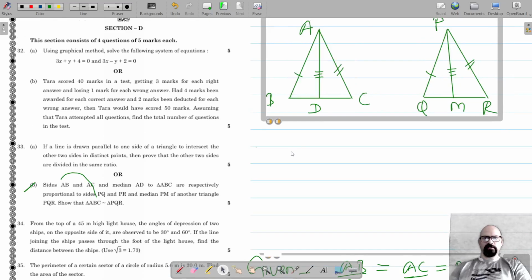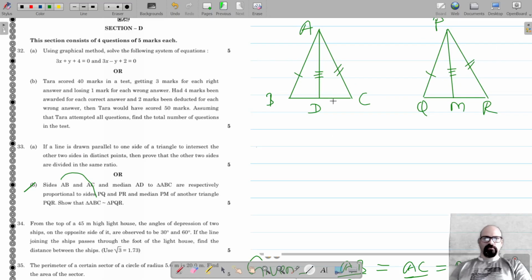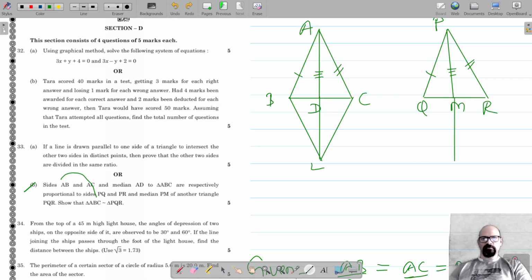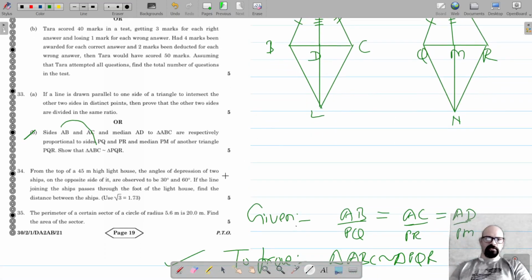And the construction is that we are going to extend AD to L such that AD is equal to DL, and I'm going to join C to L and B to L. Similarly, I'm going to extend PM to N such that PM is equal to MN, and let me join QN and RN.